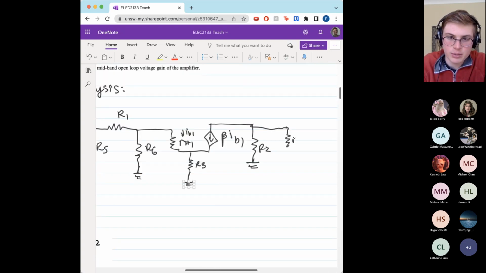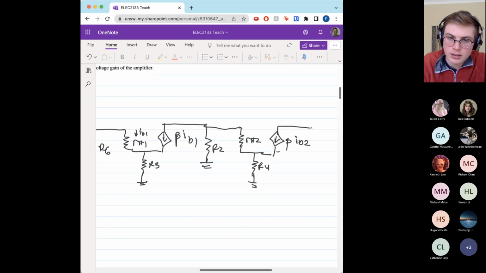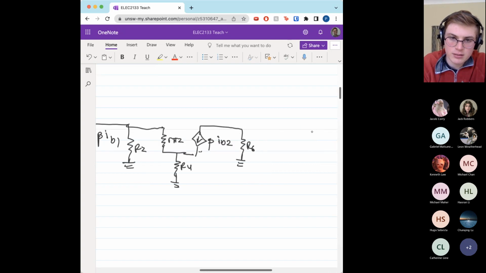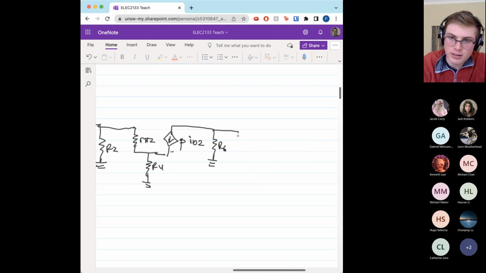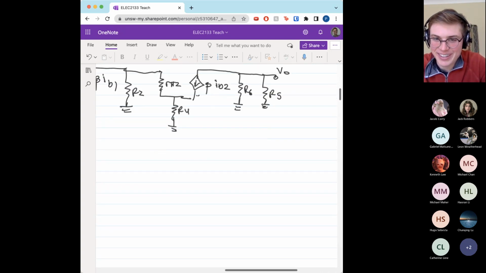So we have R pi 2, R4 sitting on the emitter, and then beta IB2. We've got R6, our output loading effects, and then we have R5. And then we have V out. Finally. So it only took us this long.